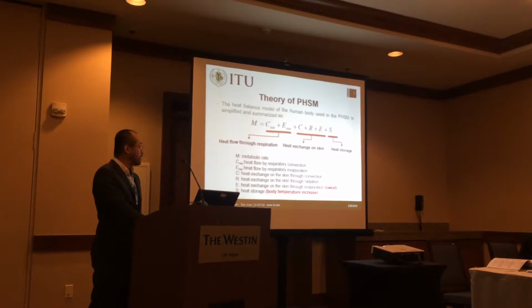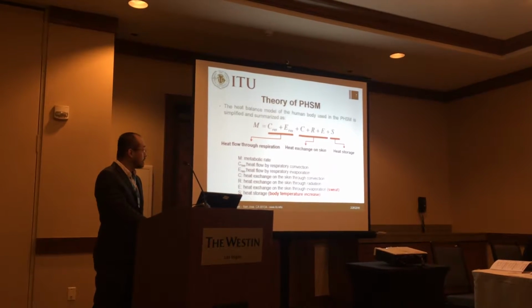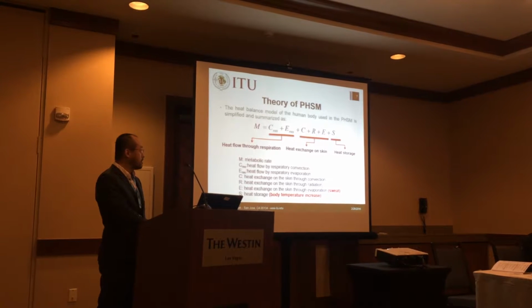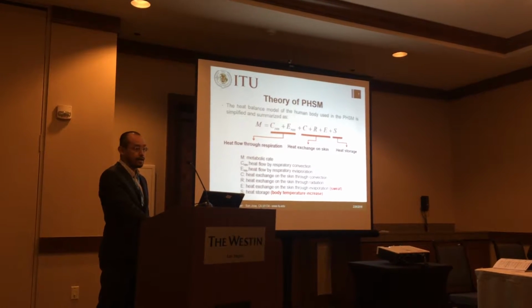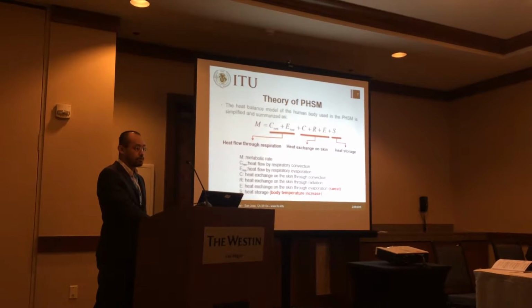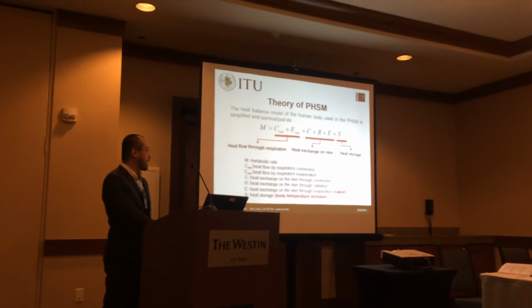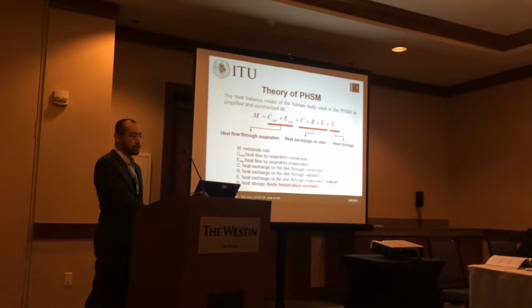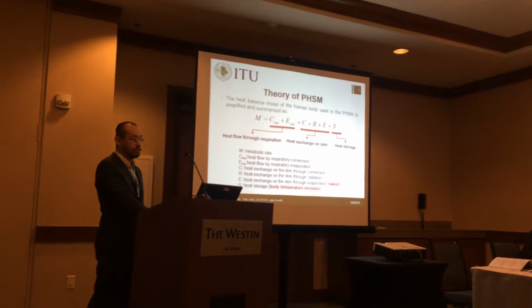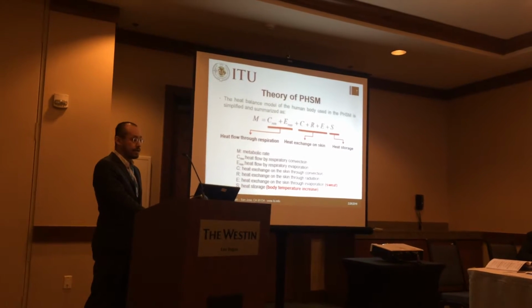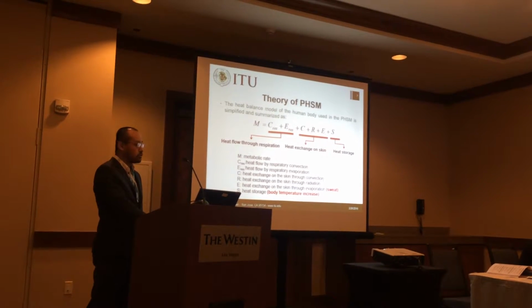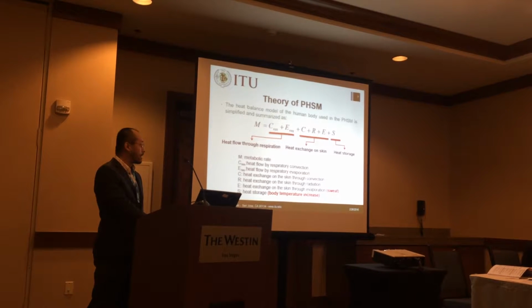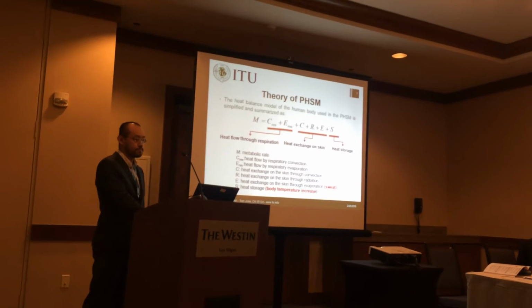It is balanced by heat flow through respiration, heat exchanges on the skin, and heat storage. What we would like to pay attention to is E and S. E is heat exchange on the skin through evaporation, which means sweat. And S is the heat storage, which means the temperature increase in the human body.